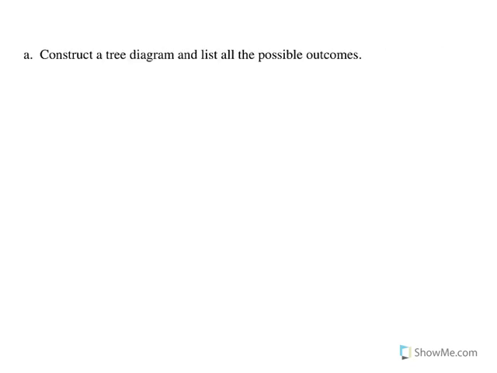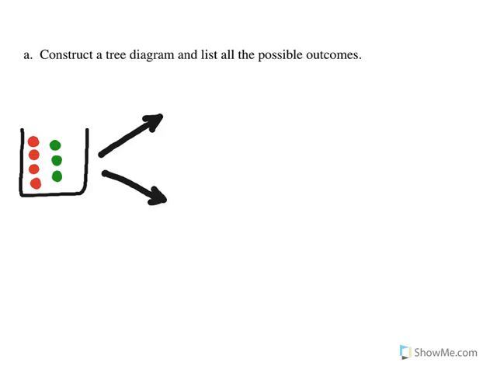So let's first do the tree diagram. It says construct a tree diagram and list all the possible outcomes. So our box, it wouldn't hurt to draw the box with 4 red and 3 green marbles, and then you say that I have 2 possibilities for the first draw.